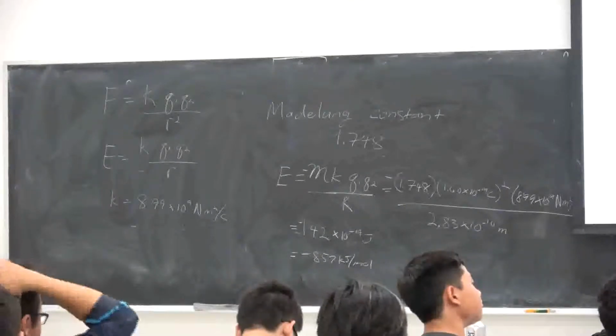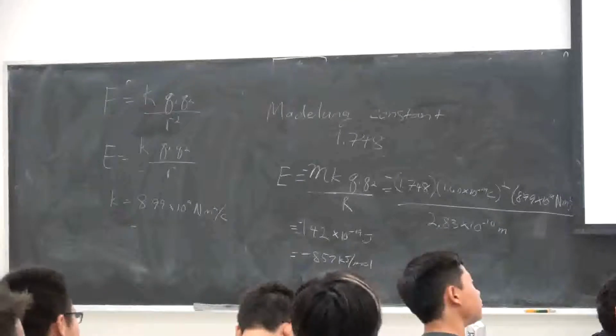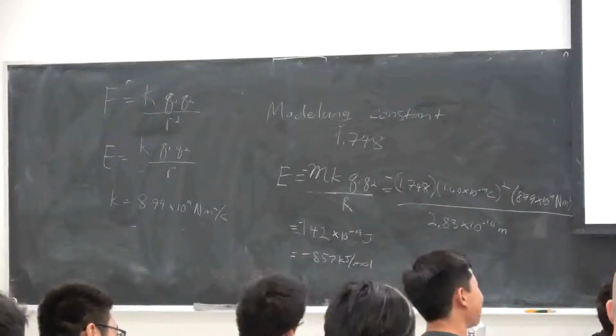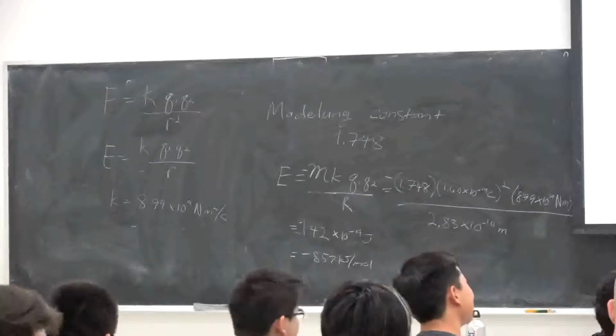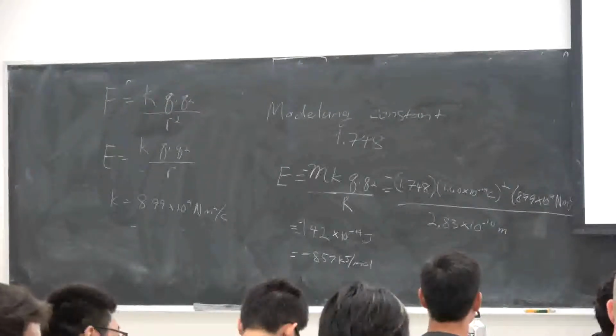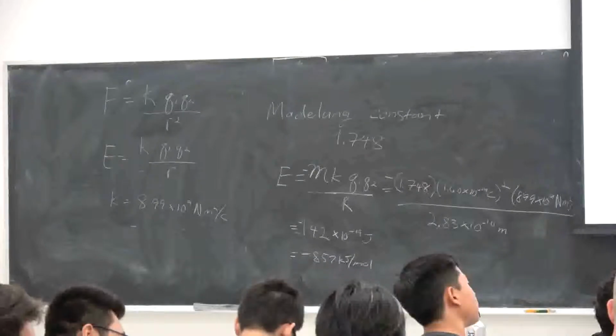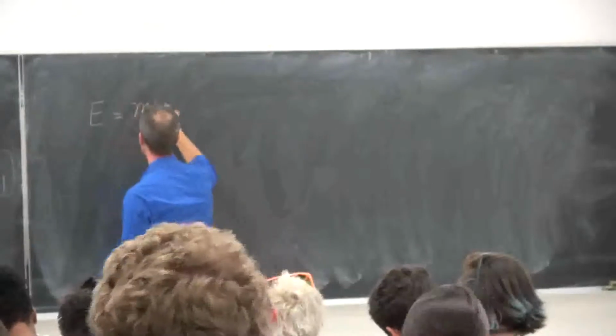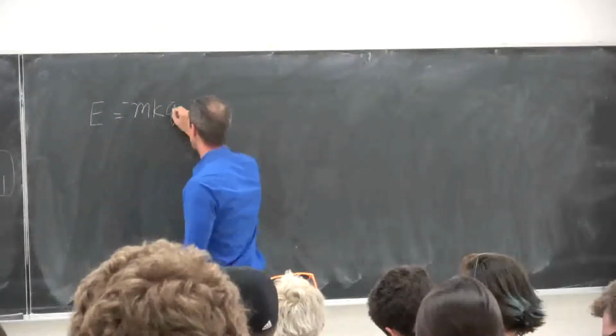When people have done this experimentally, they get something closer to 780-ish. So there's another correction factor that I'm not going to derive. We keep that same Madelung constant.